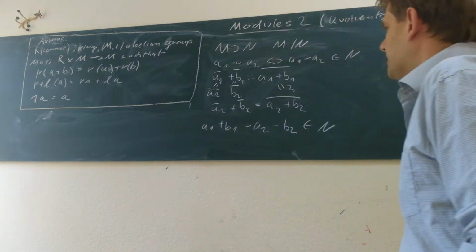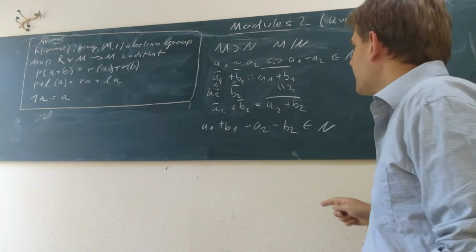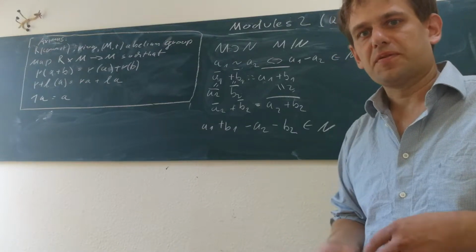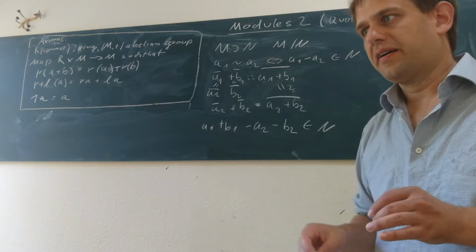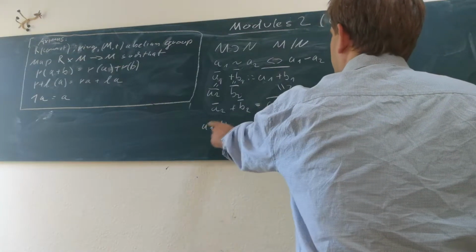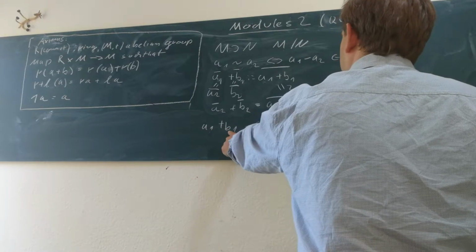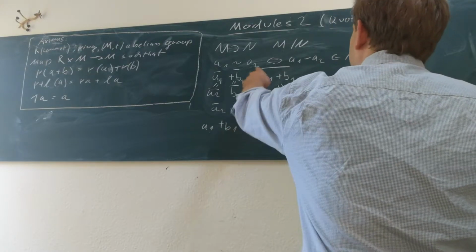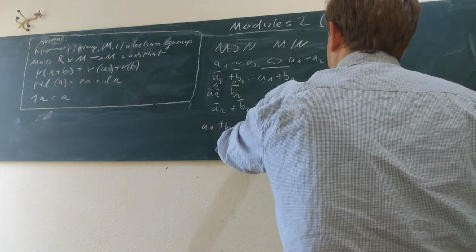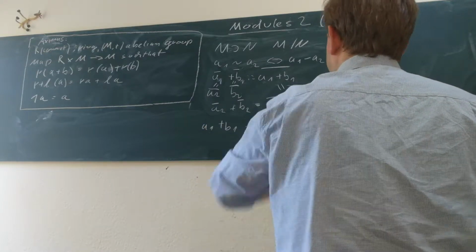Because, as I have just reminded you when we started to talk about this concept, two elements are in the same equivalence class if their difference is in N. So A1 plus B1 gets sent to the same equivalence class as A2 plus B2 if their difference is in N.